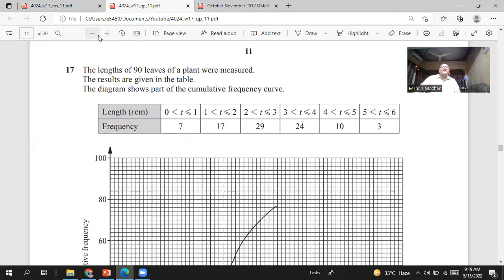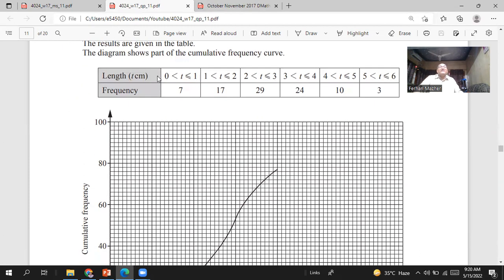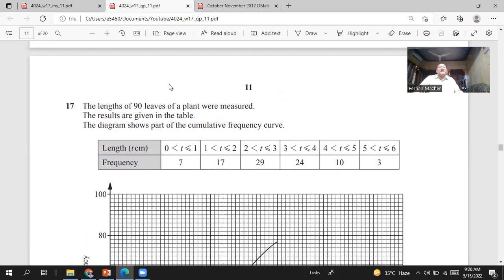The next question is on the lengths of 90 leaves of a plant that were measured. The results are given in the table. The diagram shows part of the cumulative frequency curve. So the length of the leaf is measured. There are many leaves, and so they recorded it.